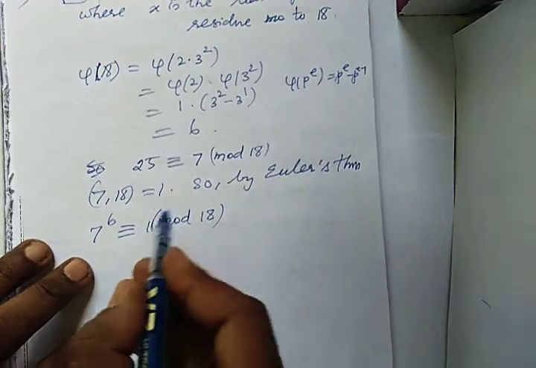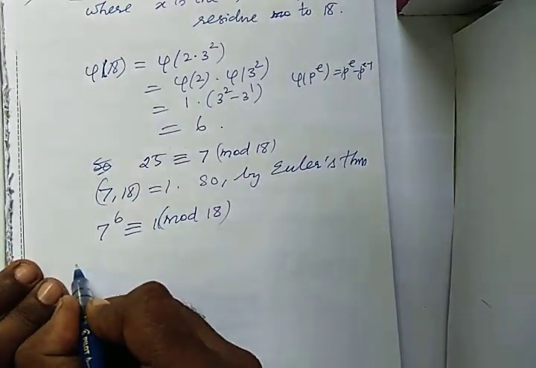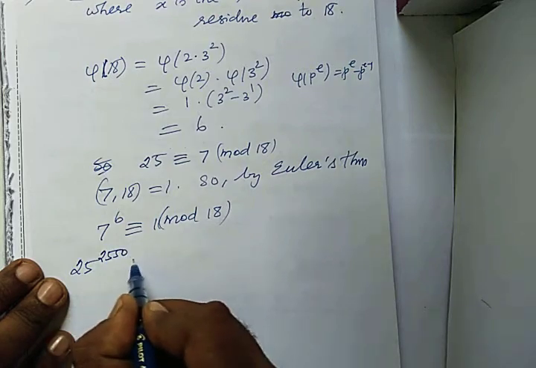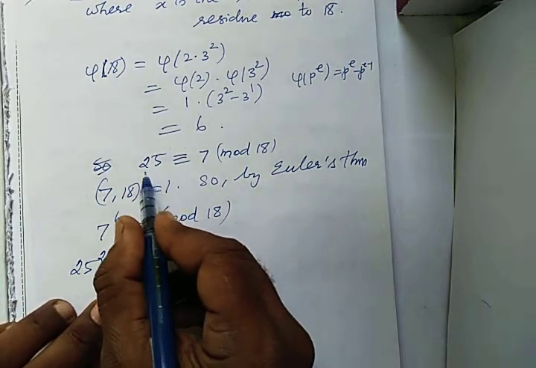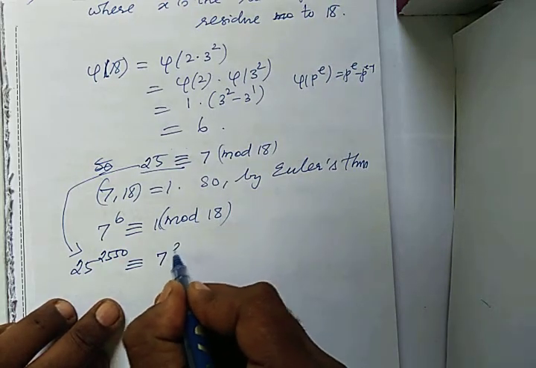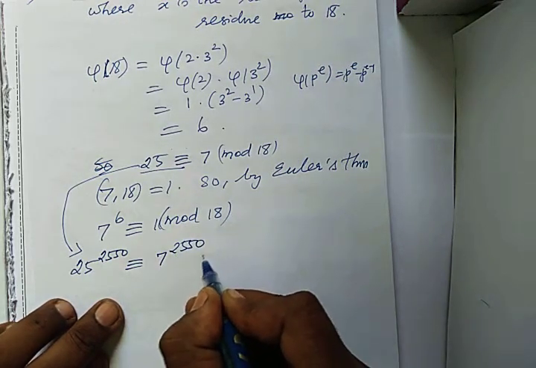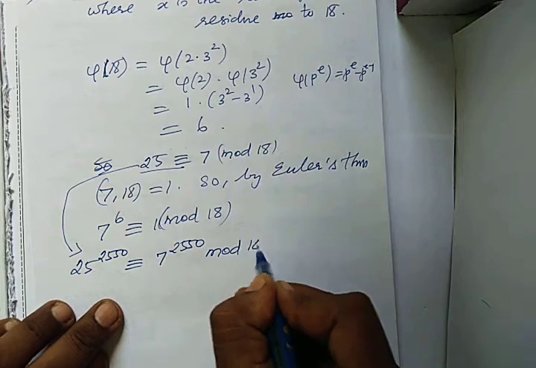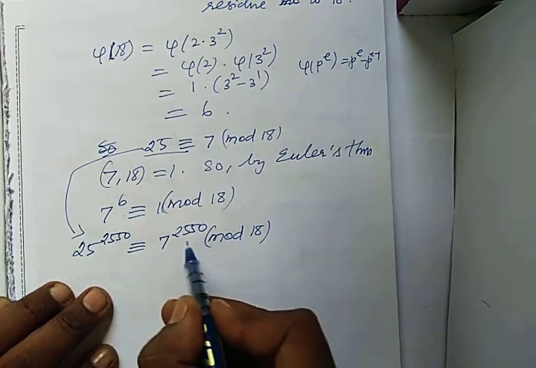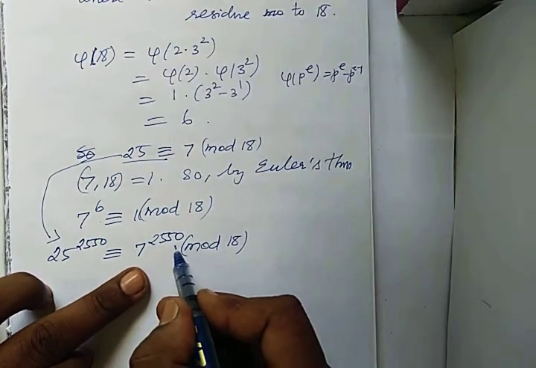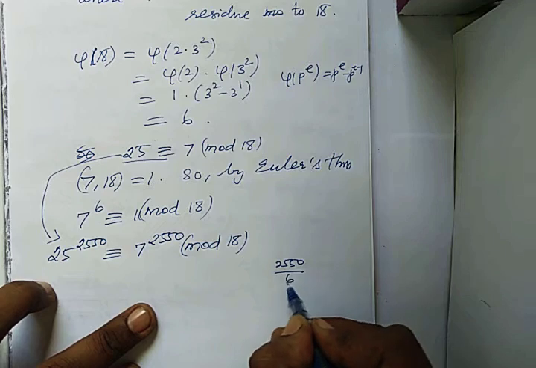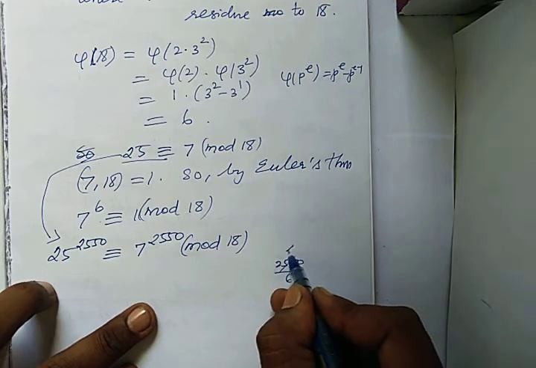Now we need to find 25 power 2550. So from this equation, this is congruent to 7 to the power 2550 mod 18. But we have this equation. So now divide 2550 by 6.